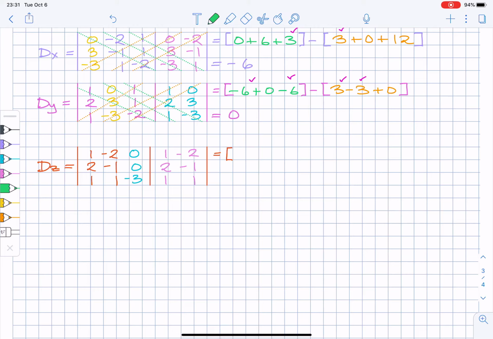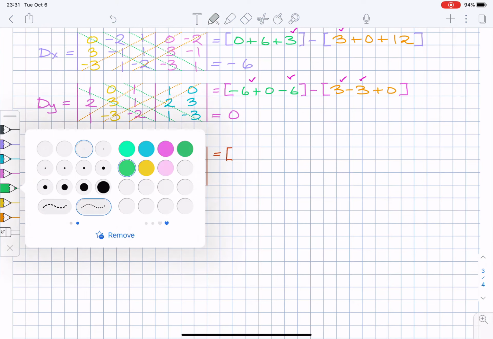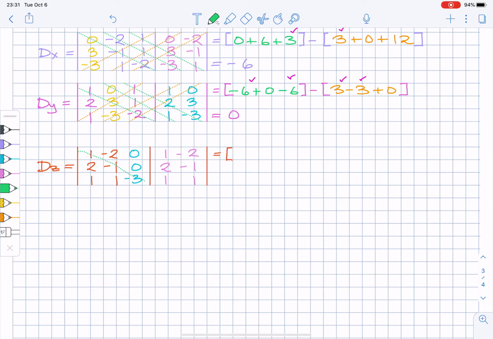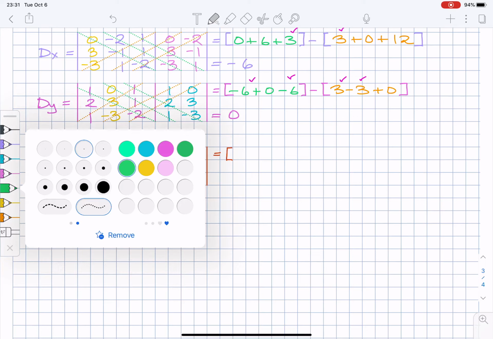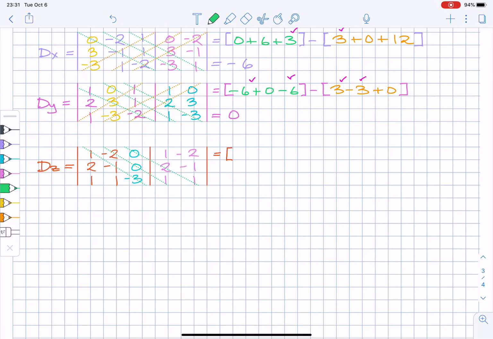So let's take the product of all the main diagonals and sum them up. So that gives us what? That's just 3 plus 0 plus 0.